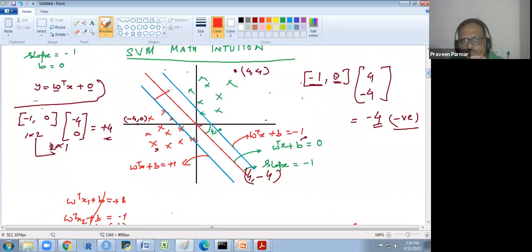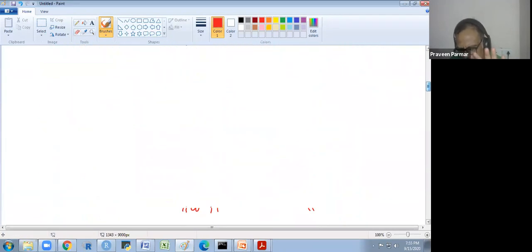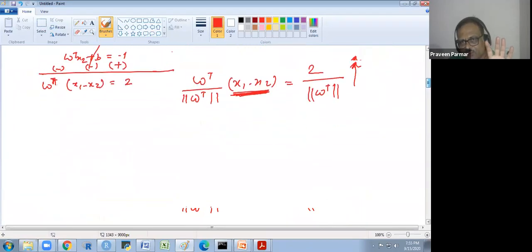We want to maximize this. This is our overall end: the hyperplane should be such that the marginal vectors have the maximum distance. Does that make sense to everyone? And we want to maximize it.